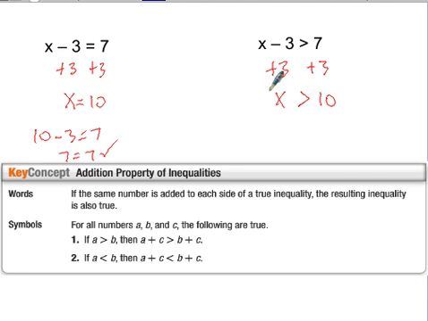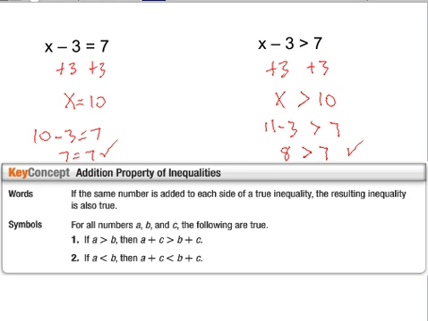So anything greater than 10. So choose any number greater than 10. 11. So 11 minus 3 is greater than 7. 11 minus 3 is 8, and 8 is greater than 7, and that checks. That is true. Okay, so that's the way you would check a solution with an inequality.